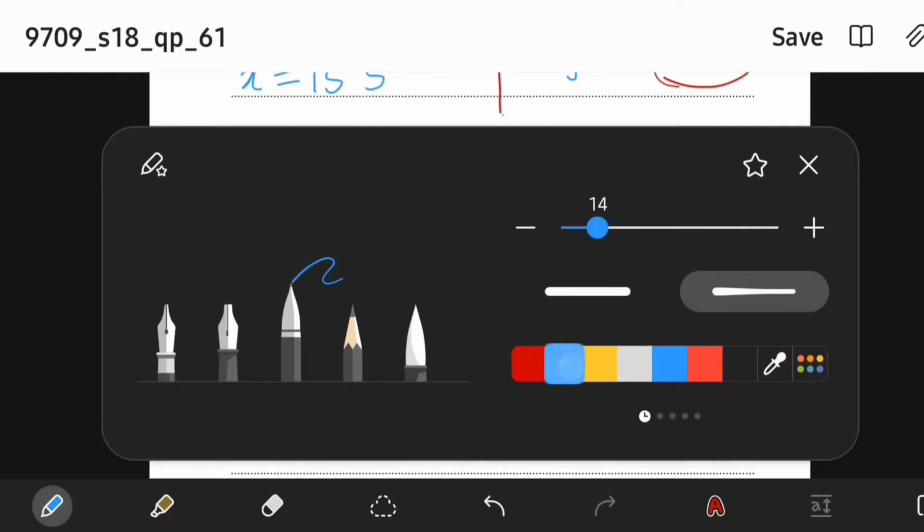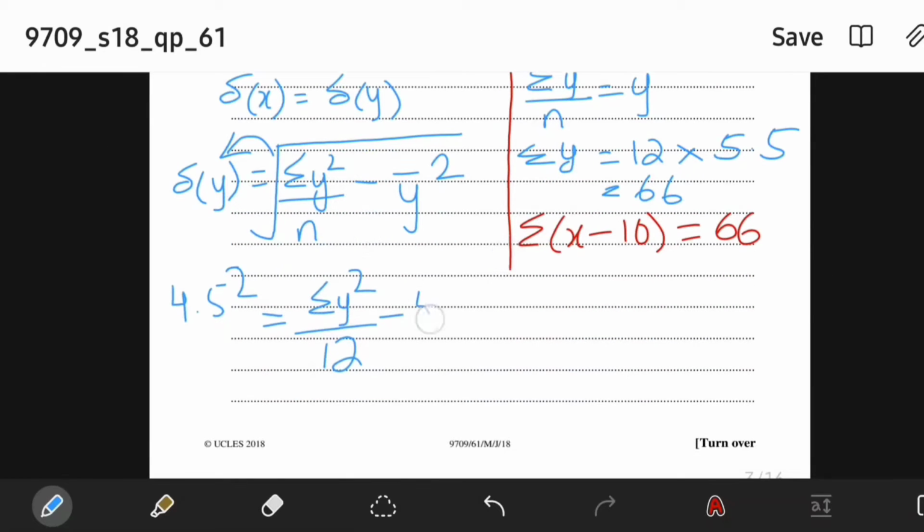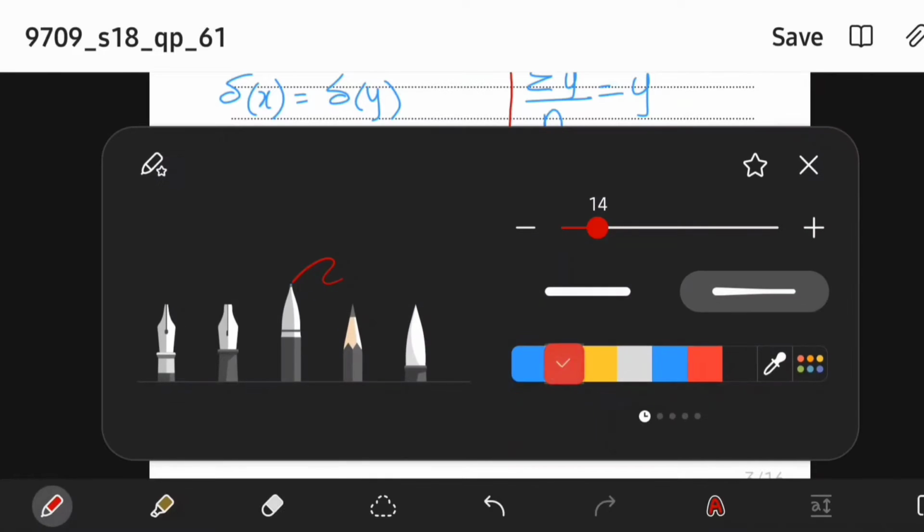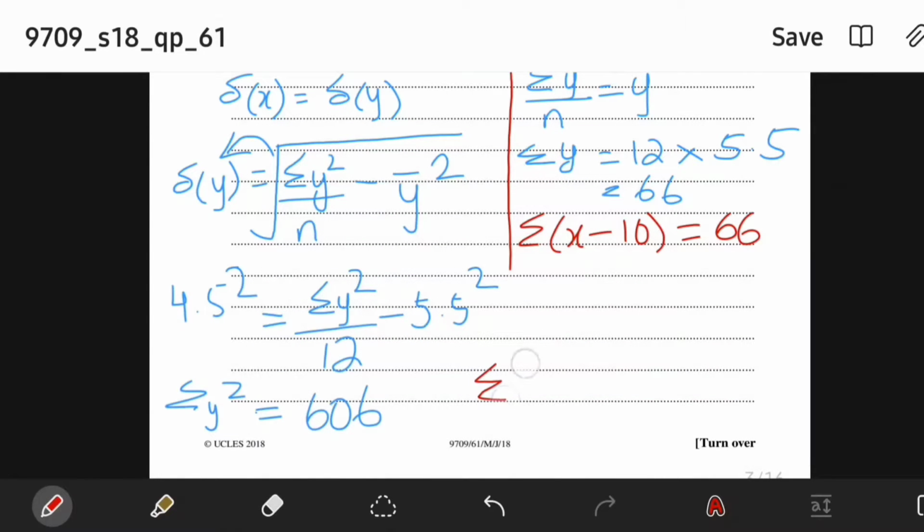So putting back 5.5 squared, and this calculation would give you an answer of summation y square 606. This is how we know that summation of x minus 10 squared is 606.